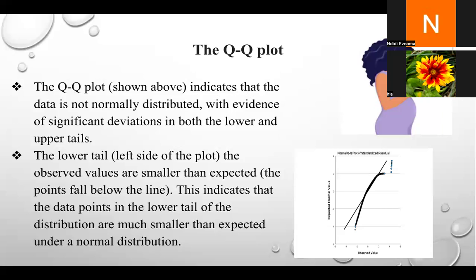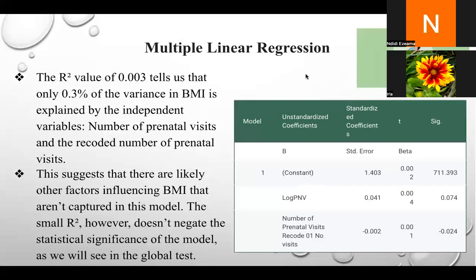Now we go to the multiple linear regression slide. Here we have the results of the model, and the goal of this analysis was to examine how the number of prenatal visits and a recoded version of the prenatal visits influence BMI.